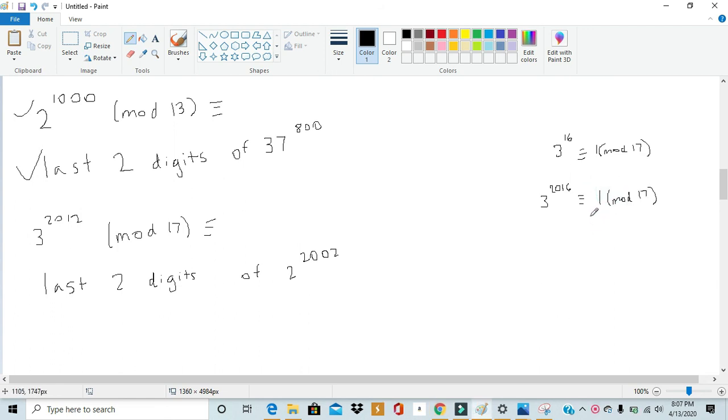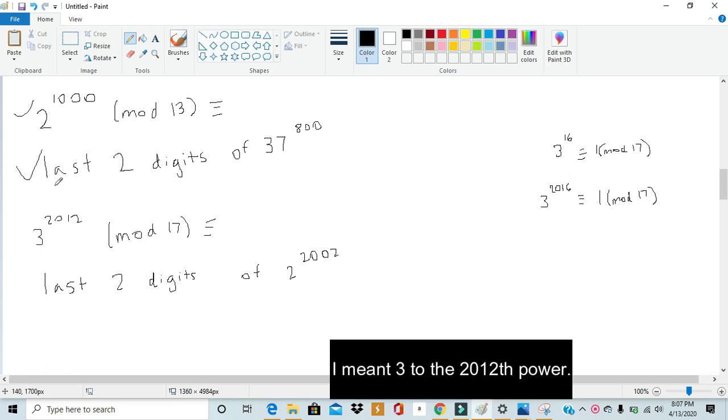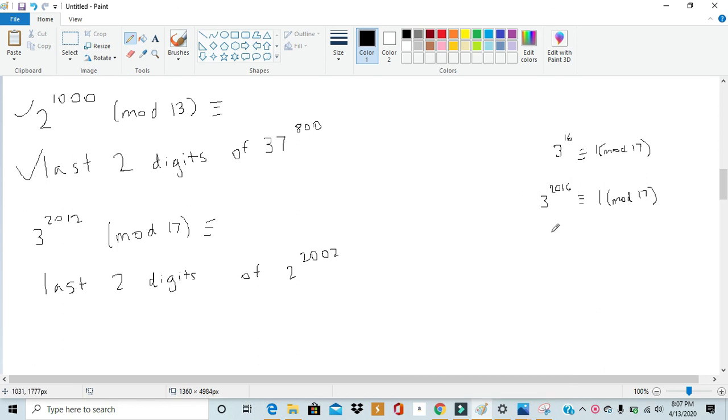Now, this is useful to know because in order to get from 3 to the 2016 to 3 to the 12th, we need to divide 3 to the 2016th by 3 to the 4th, or 81. And 81, well, that's congruent to 13 mod 17 or negative 4 mod 17.